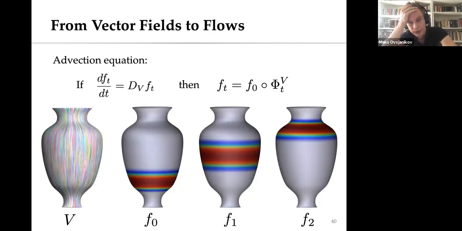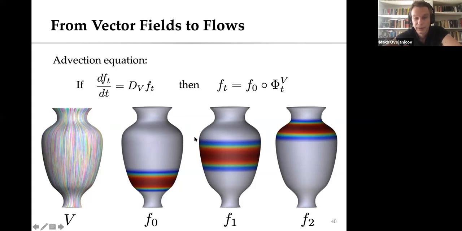Another point which is useful in this operator representation is the following. Suppose that I have some vector field V and some function on the surface. Then you can write what is called the advection equation. The advection equation is basically saying how this function changes if I move along this vector field. If I set up a partial differential equation that says that the evolution of f in t should be the same as advecting along the vector field, this is actually equivalent to saying that the evolution of f in t is governed by this D_v derivation operator, right?